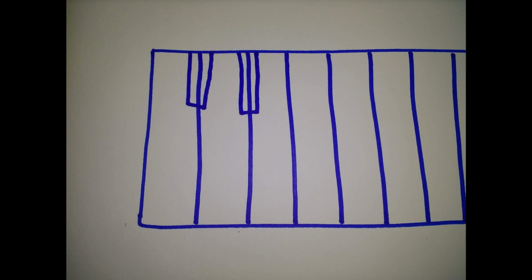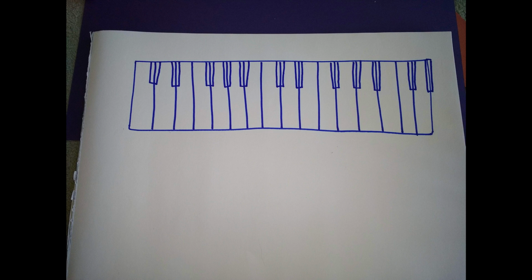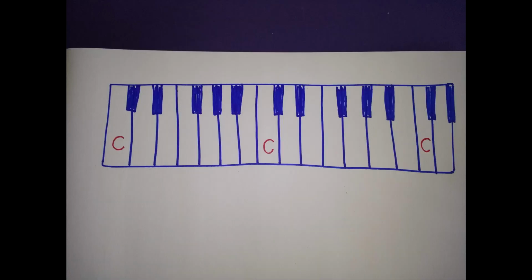And the black keys come in groups. So you get 2 black ones, and then you get a gap, and then you get 3 black ones. And then you get a gap, and you get 2 black ones again, a gap, and then 3 black ones. C is found to the left of the 2 black keys. So we can add in all our C's onto the keyboard.